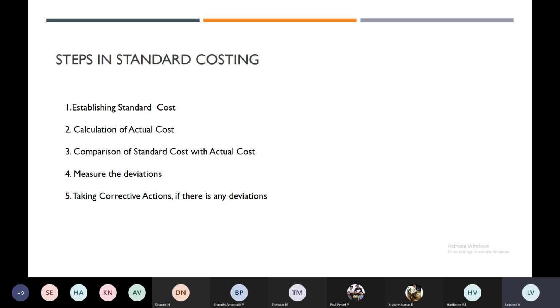You might know what job costing is: according to the customer's specification and requirements, you have to produce and sell the product within a short span of time. As you receive quotations or orders from your customer, based on that you undertake that activity and complete it. So there you cannot estimate or determine your standard cost. It is very difficult to establish the standard cost for them. But for manufacturing units carrying out routine, large scale production, establishing standard cost is suitable.